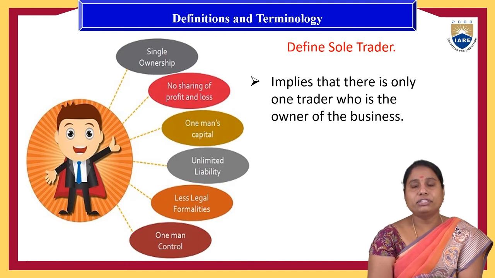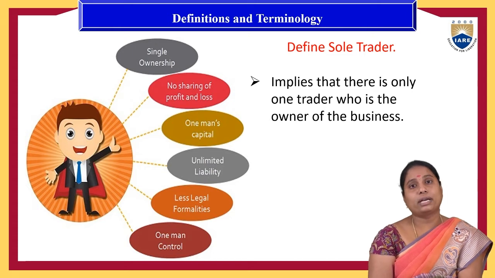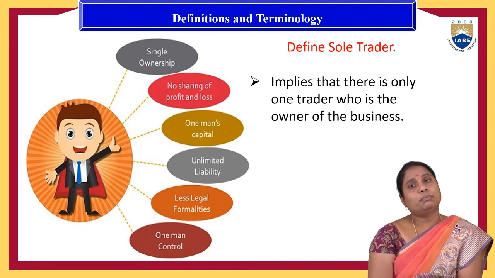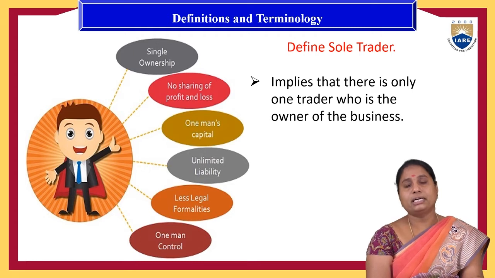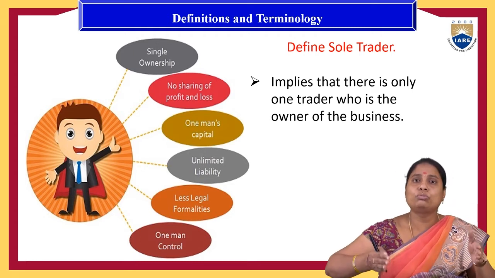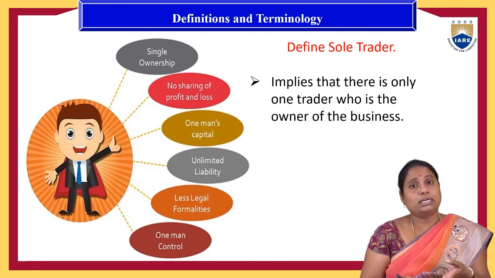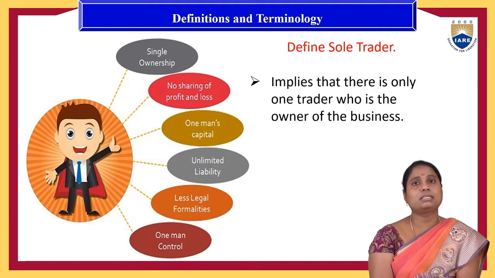Next one is the definition of the solo trader. That is, if a single person is the whole and sole authority to establish an organization, as we have seen in the markets. Whether it is a monopoly or competition, if a person has entered as a marketer and trader, and for whatever company he is establishing, all the capital invested in that business and the responsibility rest with one person, then that organization will be called a sole proprietary organization.